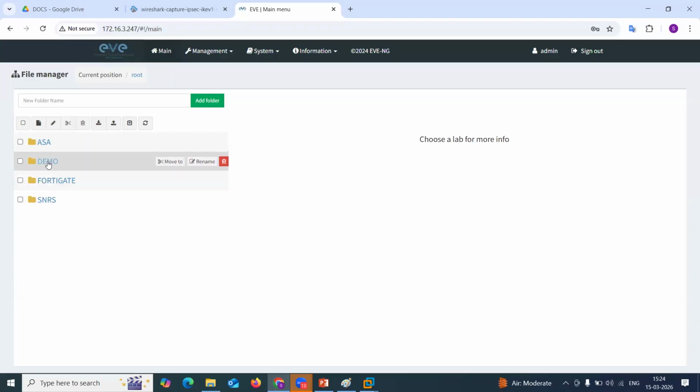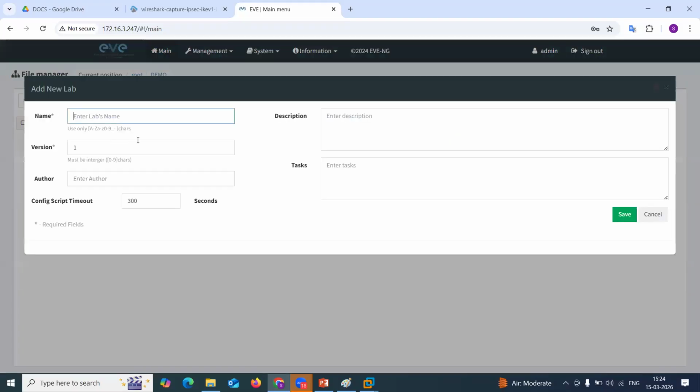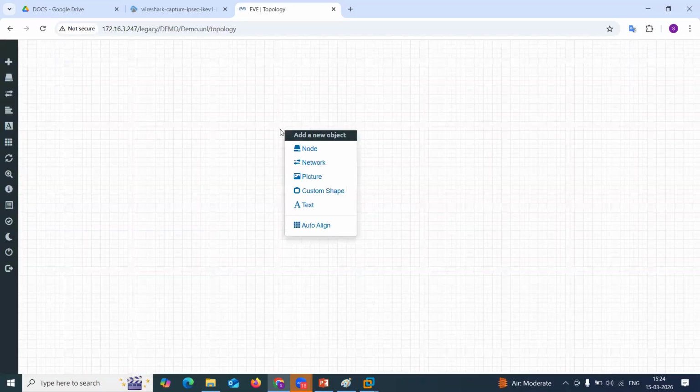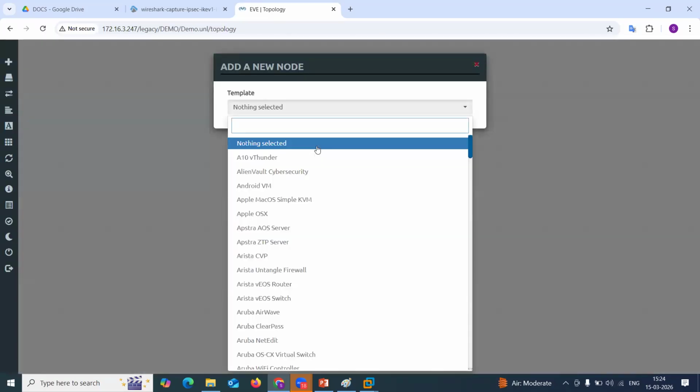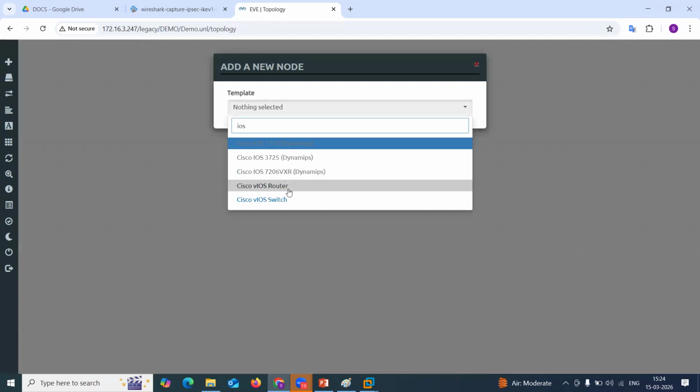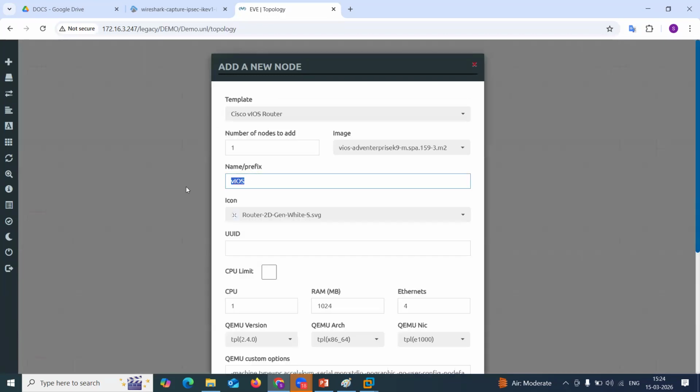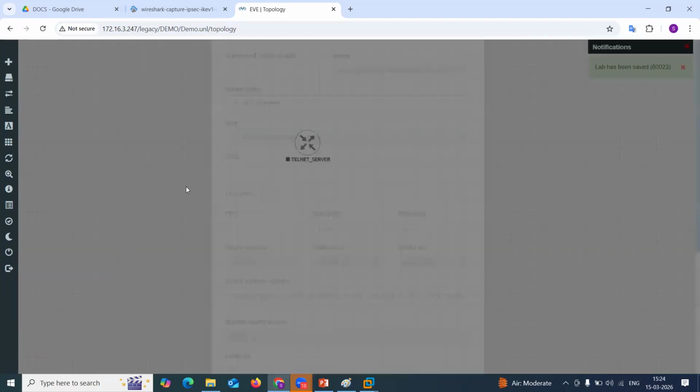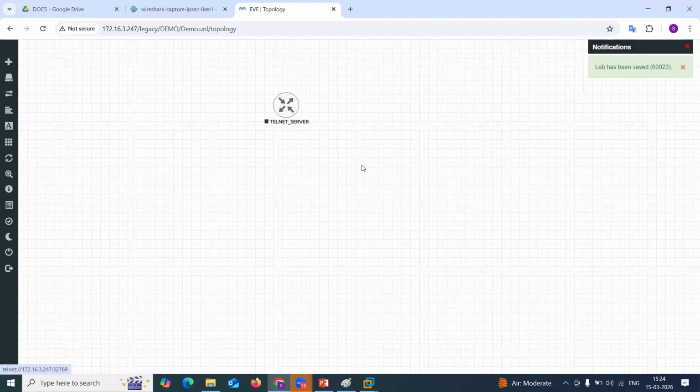Just creating one demo lab to show you. For example, I have one router. Let's say this is my telnet server, and I have a PC.